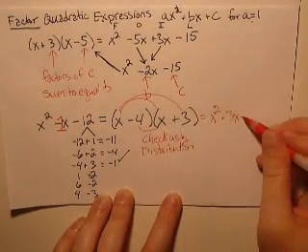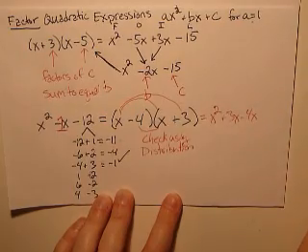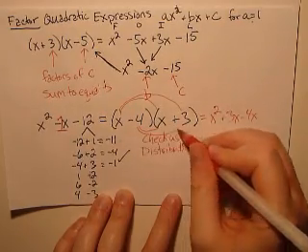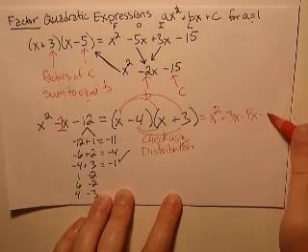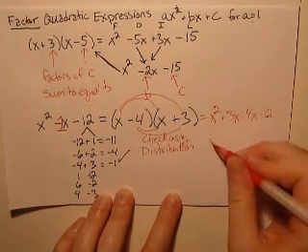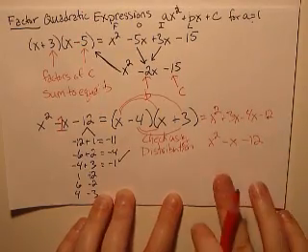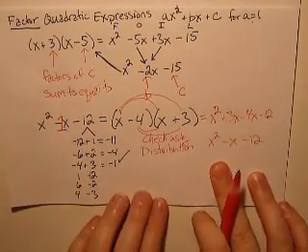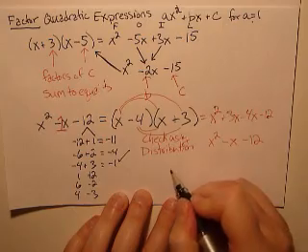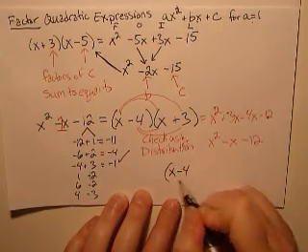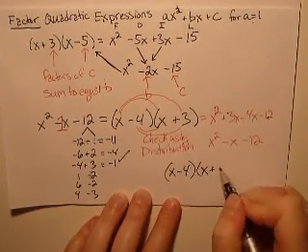Inner, negative 4 times x is negative 4x. Last, negative 4 times 3 is negative 12. Combine like terms, x squared minus x minus 12. I recovered my original equation, so my final answer is in fact x minus 4 times x plus 3.